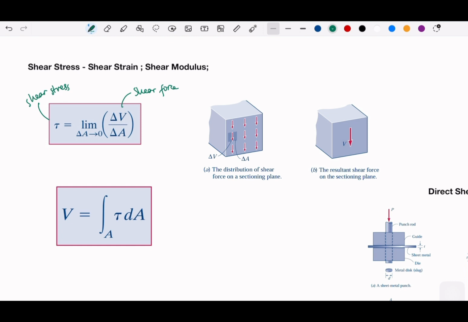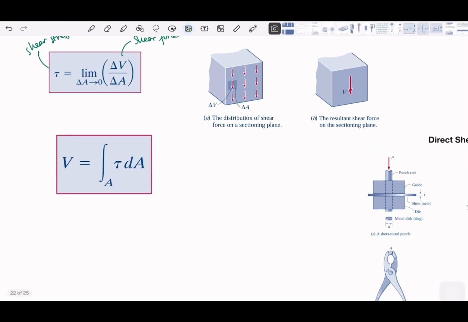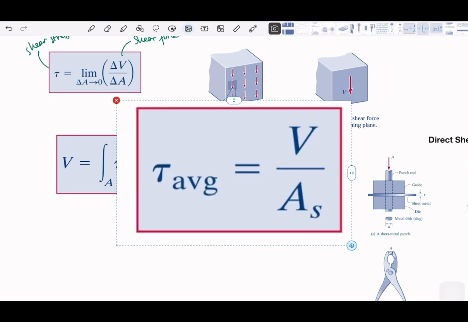Okay? And then, similar to what we have for the normal force and normal stress or axial stress, we can also get the average.